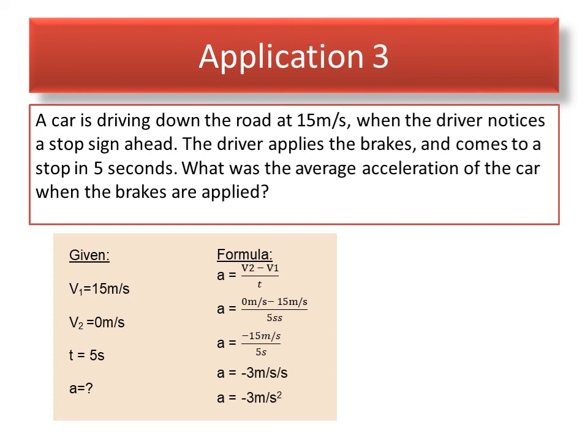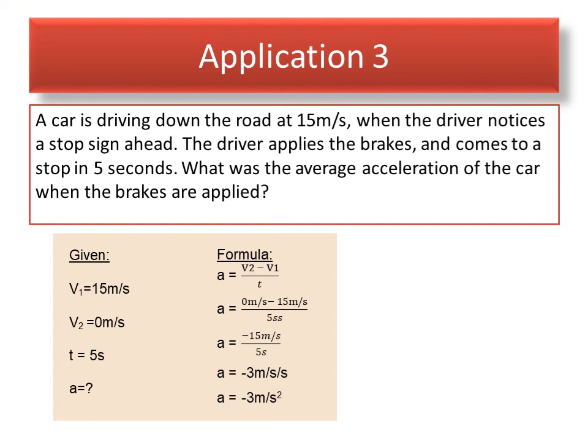Look here, I have made a mistake. By mistake, I typed SS. It is just seconds. Now, 0 minus 15 is negative 15 meters per second over 5 seconds. Negative 15 over 5 is negative 3 meters per second squared.